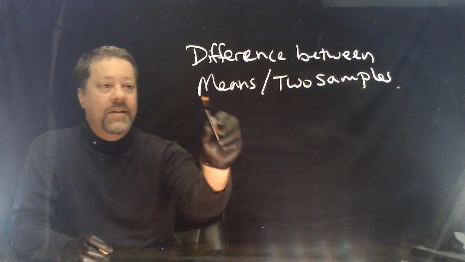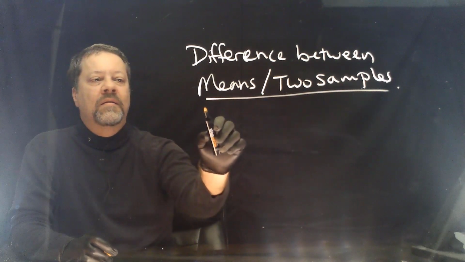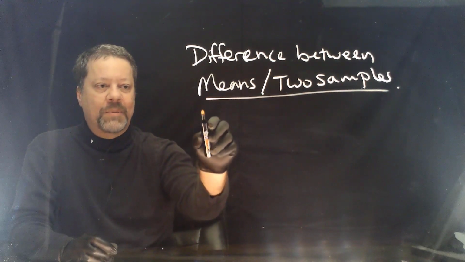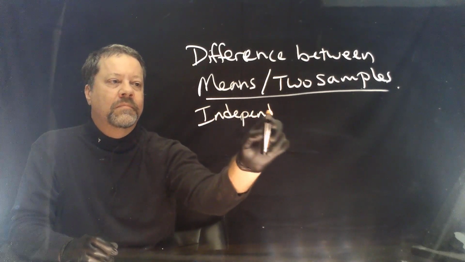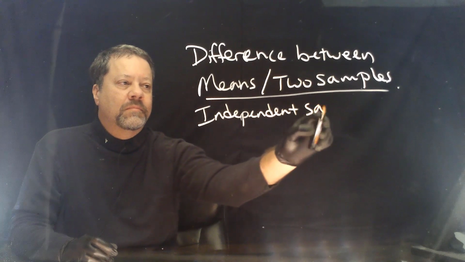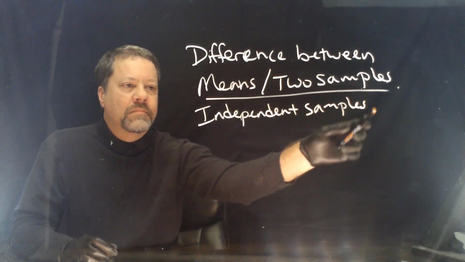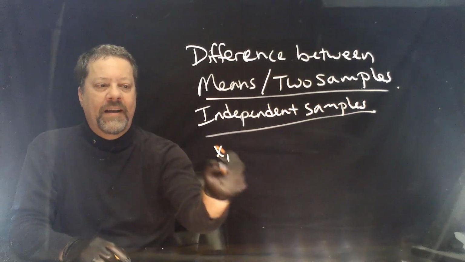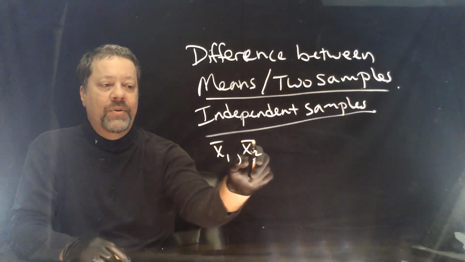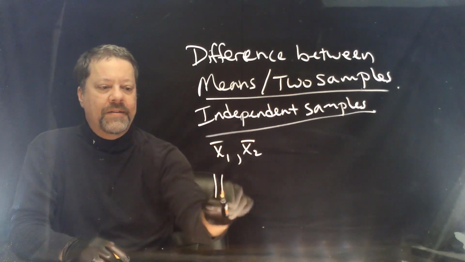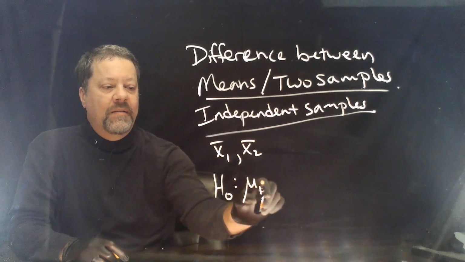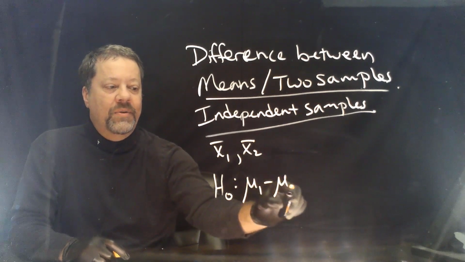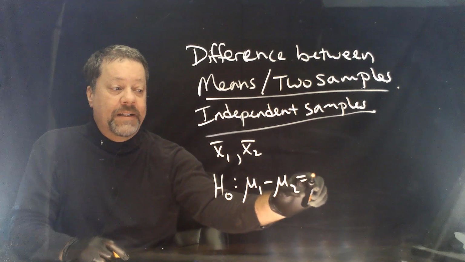In this case, we're going to deal with independent samples. We'll have a mean 1 and a mean 2. The null hypothesis will be mean 1 minus mean 2 is some specified difference.